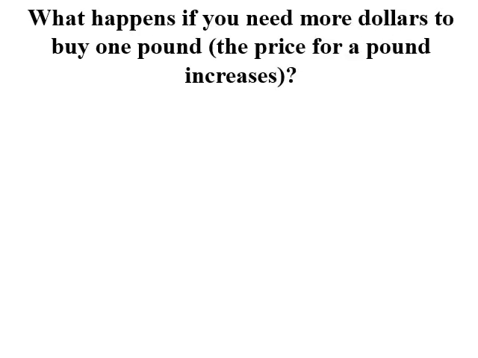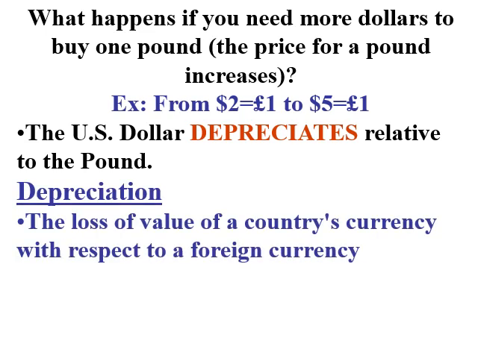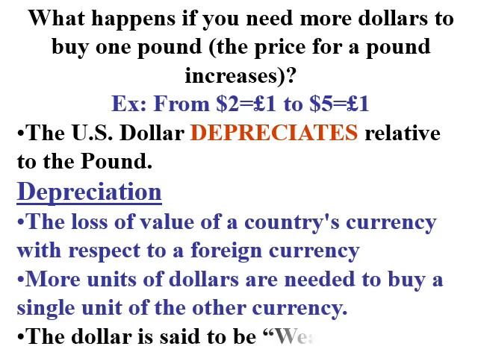So what happens if you need more dollars to buy 1 British pound? Or the price of the British pound increases. So instead of $2 for every British pound, it's now $5 for every British pound. Well, what has just happened is that the US dollar has depreciated relative to the British pound. Whenever we talk about a currency depreciating or becoming weaker, it's simply lost value relative to that other country's currency.